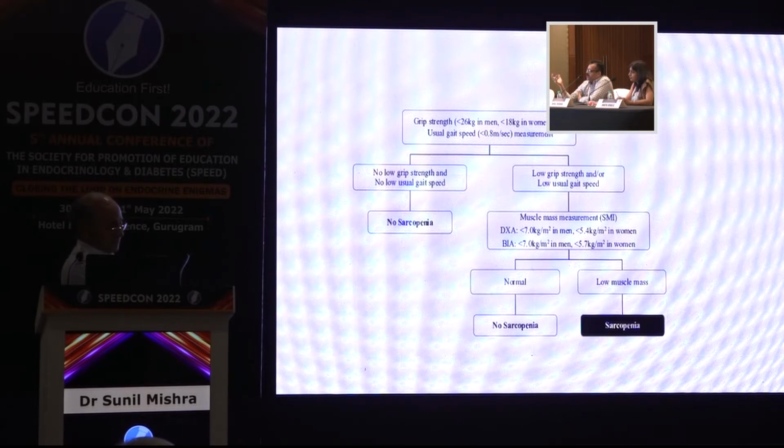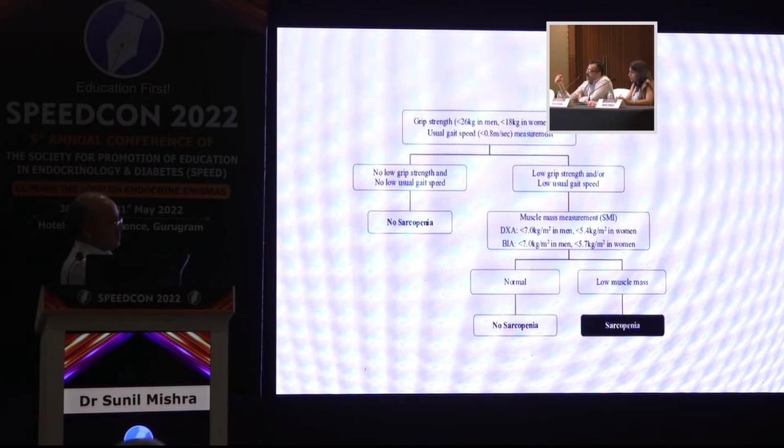The various associations of sarcopenia in diabetes depend upon the duration of the diabetes and the BMI of a person. If BMI is low, sarcopenia is high, and the older the age, the more the sarcopenia. There are also associations with the duration of diabetes and other complications like microvascular and macrovascular complications, retinopathy.